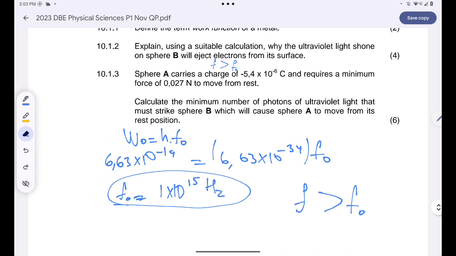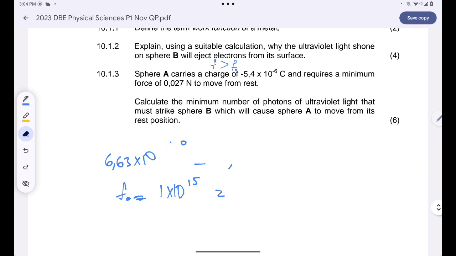Okay, sphere A carries a charge of negative 5.4 microcoulombs and requires a minimum force of 0.02 newtons to move from rest. Calculate the minimum number of photons of ultraviolet light that must strike sphere B, which will cause sphere A to move from its rest position.